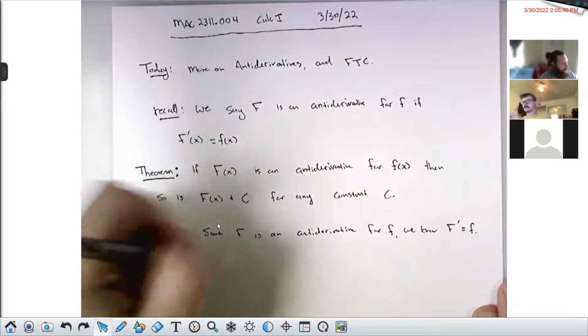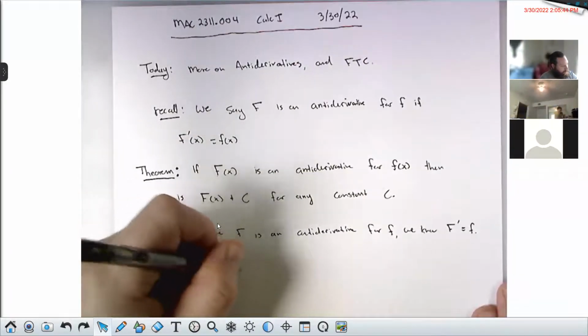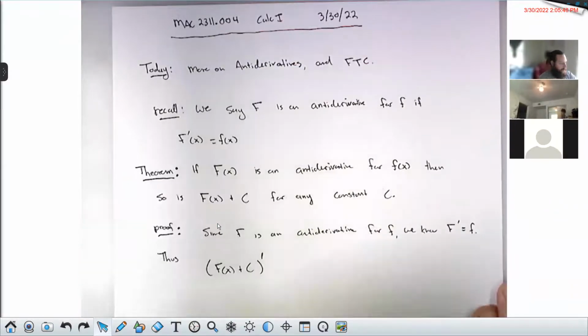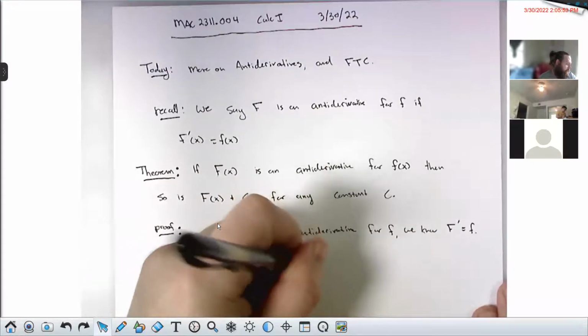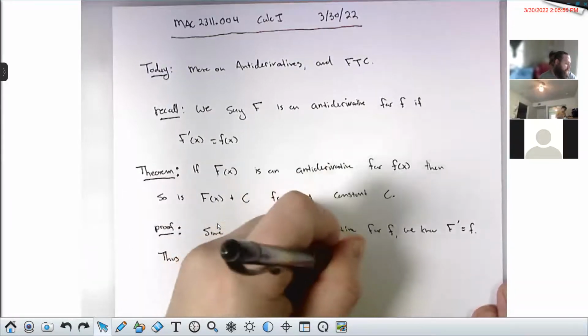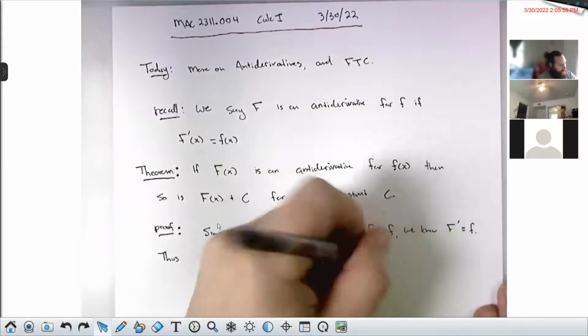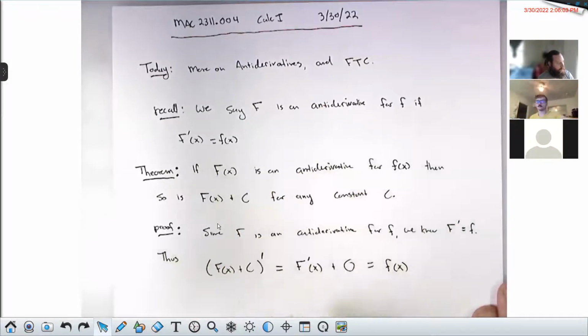Thus, big F plus c, primed, is big F primed of x plus the derivative of a constant, which is 0, which is little f of x, because big F primed is little f.